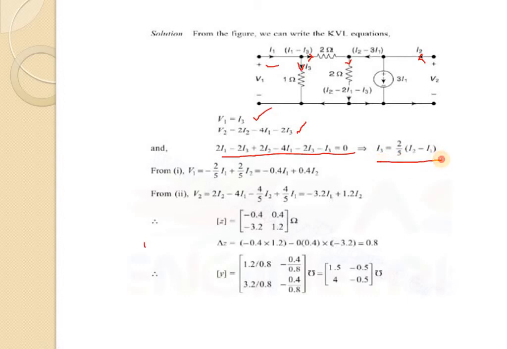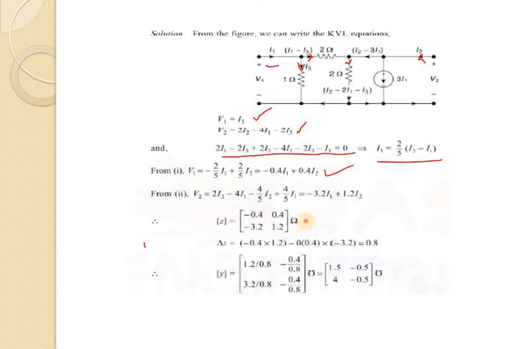And from there we have calculated that I3 equals 2 by 5 into I2 minus I1. So from equation 1 we can write that V1 equals minus 2 by 5 into I1 plus 2 by 5 into I2, that is minus 0.4 I1 plus 0.4 I2. And from equation 2 we can write that V2 equals 2I2 minus 4I1 minus 4 by 5 I2 plus 4 by 5 I1.